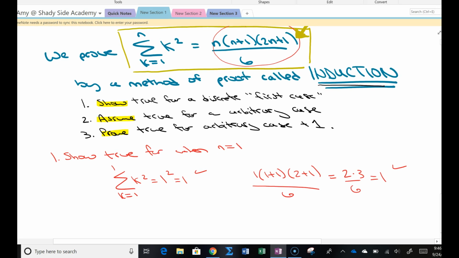All right. Second step, we're going to assume that it's true for an arbitrary case. So I'm going to assume this is true for when n equals some arbitrary case. Arbitrary case here is a general phrase for whatever the case may be. What we're trying to prove is that this outcome is true for all n, right? So I'm showing true for when n equals 1. I'm going to assume true for when n equals some arbitrary case q.